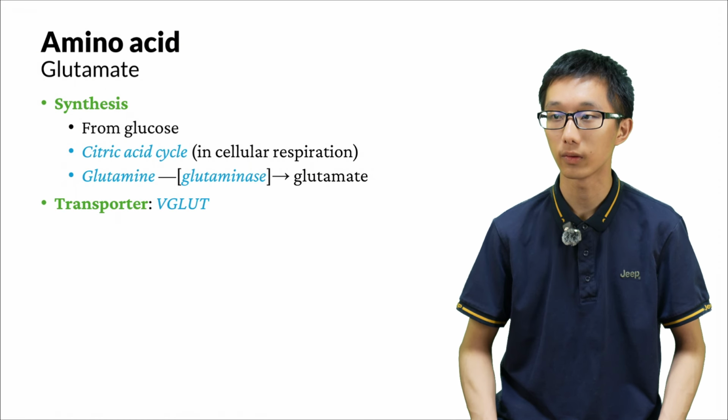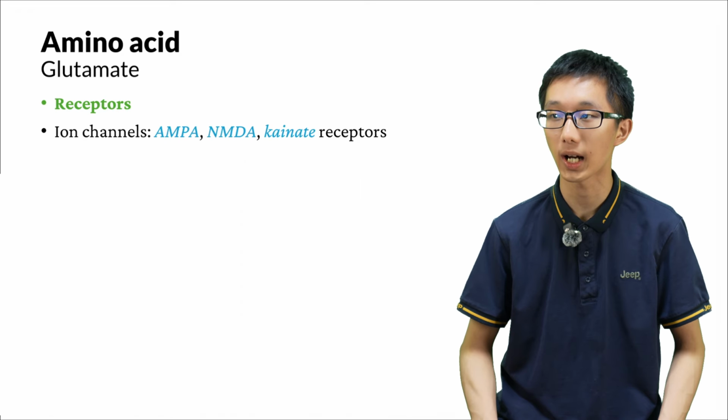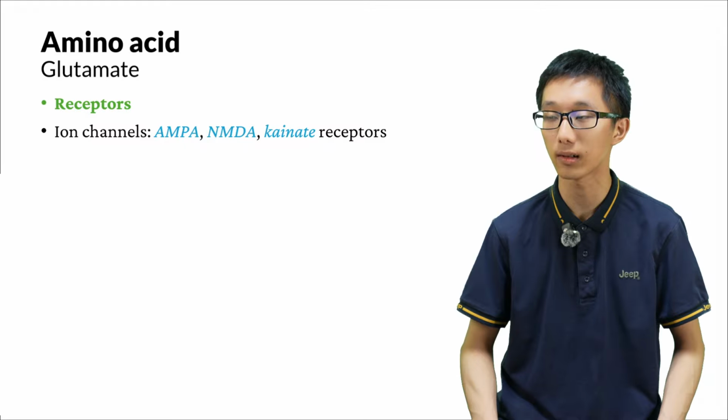The transporter of glutamate is VGLUT, vesicular glutamate transporter. Glutamate has three main types of ionotropic receptors, namely AMPA, NMDA, and kainate receptors. These receptors are all named by their alternative agonists. AMPA, NMDA, and kainate are all agonists of these ion channels.